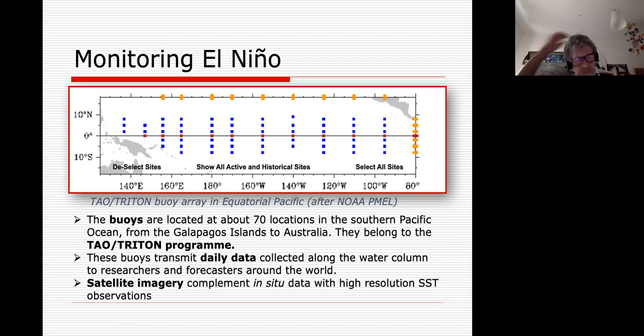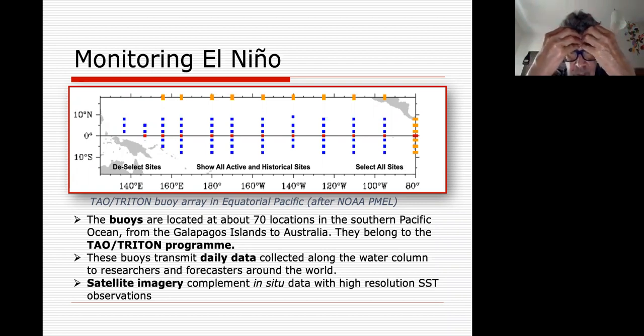By the way, the importance of the equatorial dynamics on the global weather is so well acknowledged that similar, less complete, less extensive arrays can be found also in the equatorial Atlantic, the PIRATA array, and an Indian effort for the Indian Ocean, called the RAMA network.